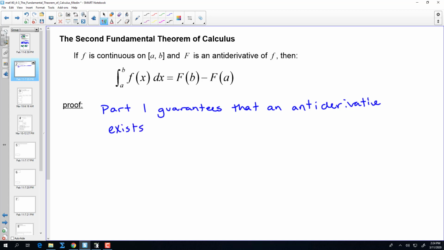All right, it says that we have a continuous function on a to b. So part one of the fundamental theorem says an antiderivative exists. So we can define some function g of x, which is the accumulation function from a to x of f of t dt. All right, so this exists. When you have a continuous function, that's guaranteed.